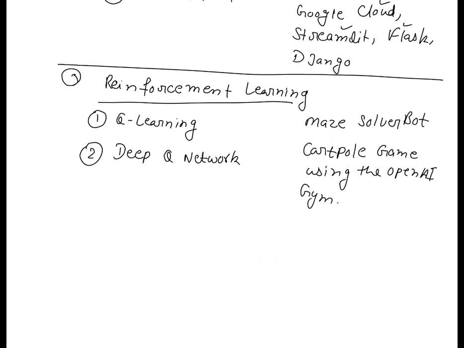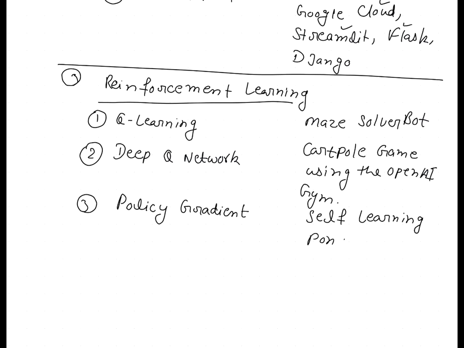And the next one is policy gradient. These are all advanced algorithms. So this is the self-learning Pong player; you can work on this project. The next one, you should work on SARSA.